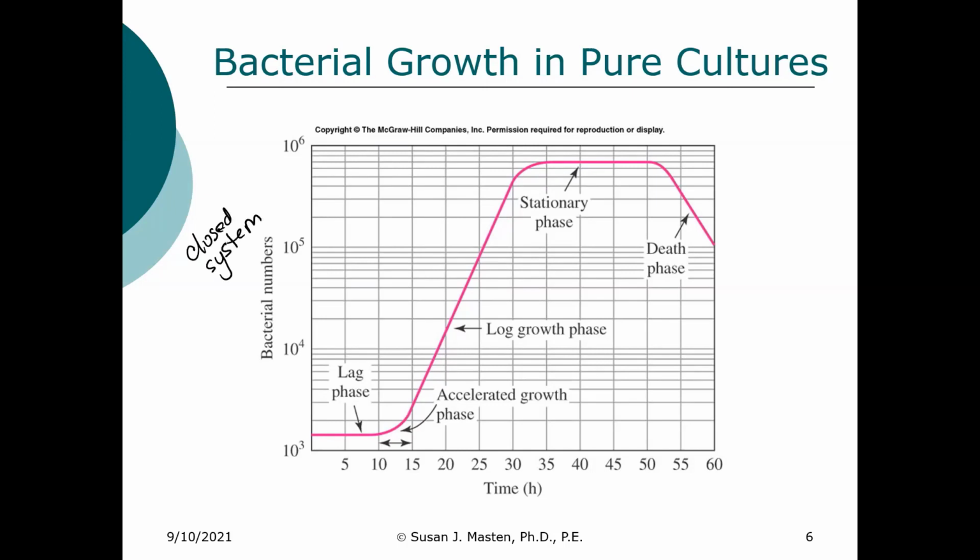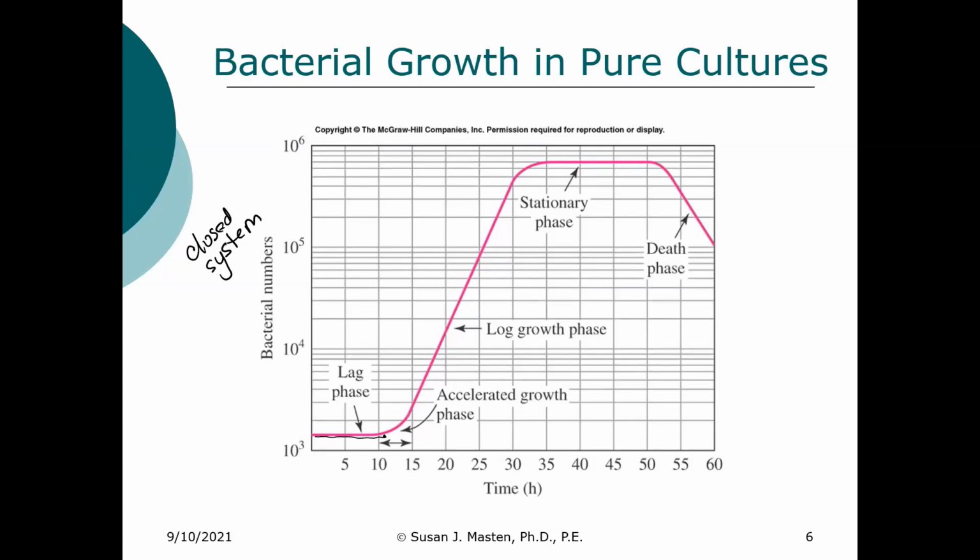When we're looking at bacterial growth in a pure system, and this is a closed system, so think of a beaker. Actually, if you made soup and you left the soup out, over time, bacteria will grow. Initially, there are low levels.